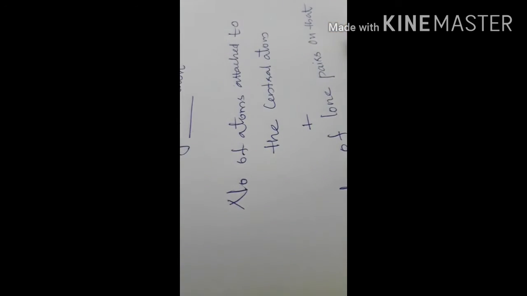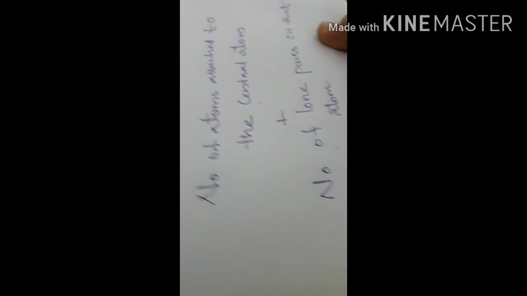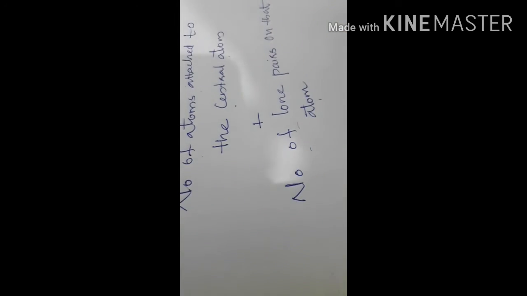Once again I repeat the formula, that is number of atoms attached to the central atom plus number of lone pairs on that atom. This is an easy formula and it helps to find out the hybridization of almost all molecules.